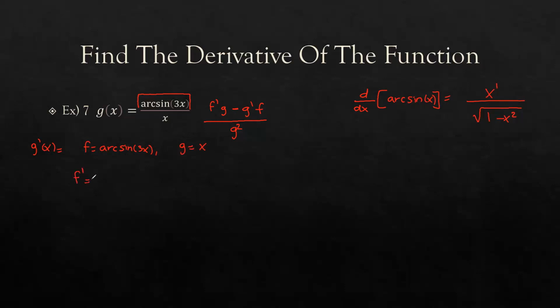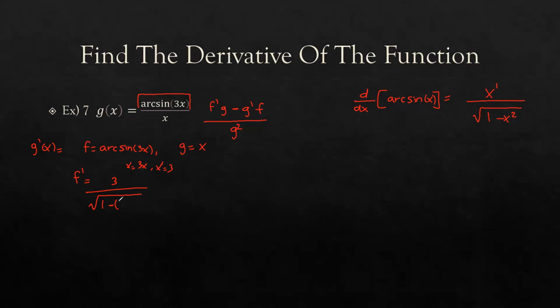So what is f prime? The derivative of arc sin of 3x, well, my u is not x, it is 3x, and then u prime is 3. So it's u prime, which is 3, over square root of 1 minus u squared.